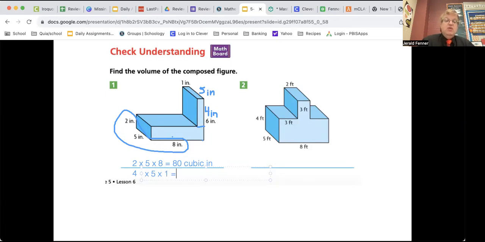And that's going to equal 4 times 5 is 20, times 1 is going to be 20 cubic inches. And so if we take those two and put them together, 80 plus 20 equals 100 cubic inches.